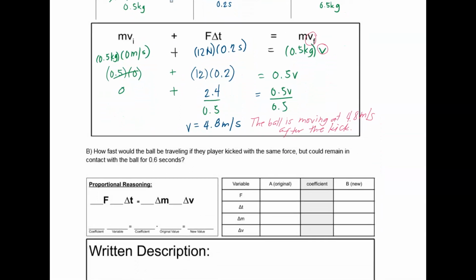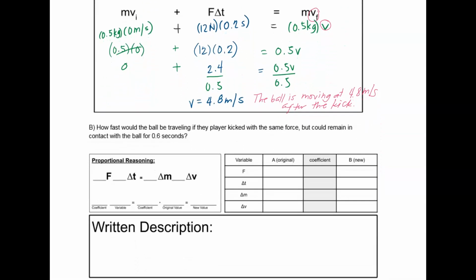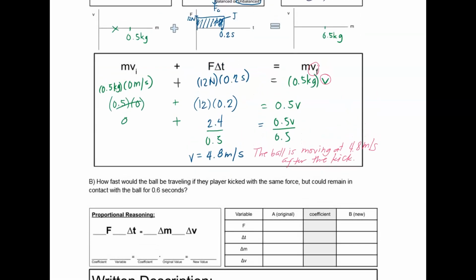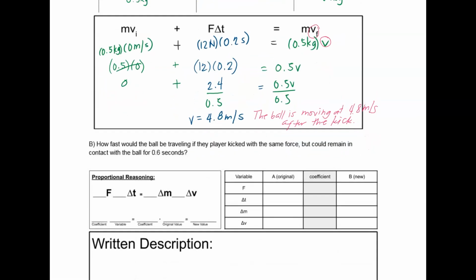Okay, so now going into the proportional reasoning part, we're going to look at the force and time, mass, and velocity. So we know that the ball is moving at 4.8 meters per second. The mass is 0.5 kilograms. It was being kicked for 0.2 seconds at a force of 12 newtons.